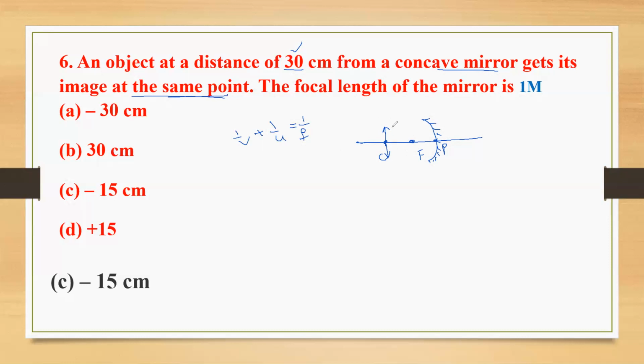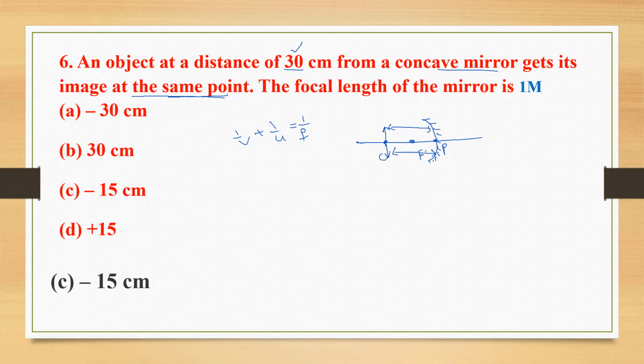So object distance and image distance will be same, and size also same. So both are 30 only.